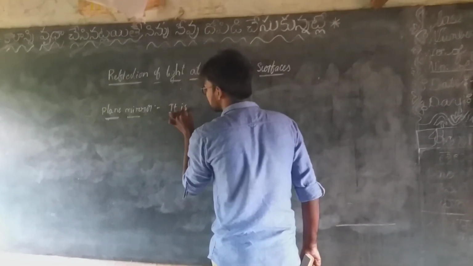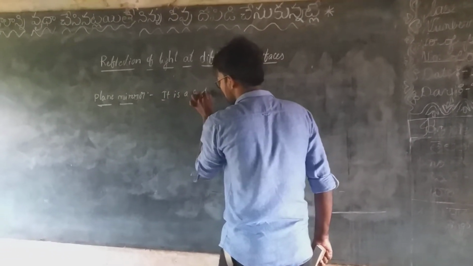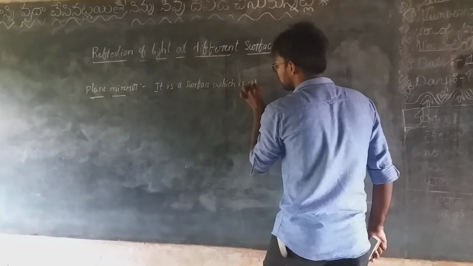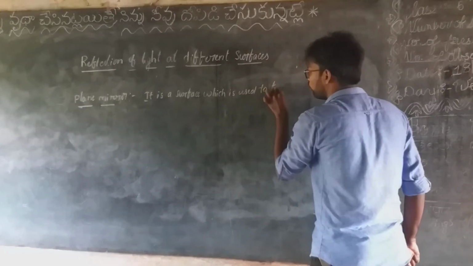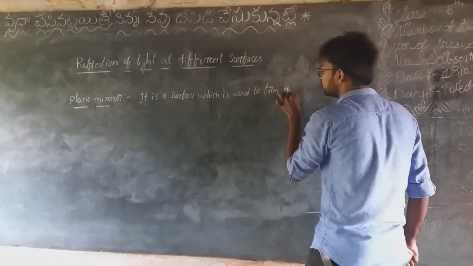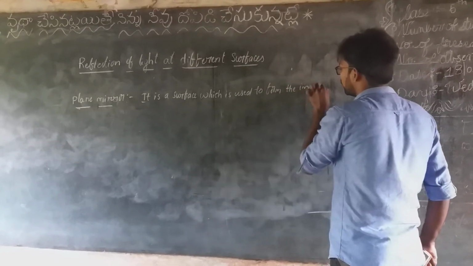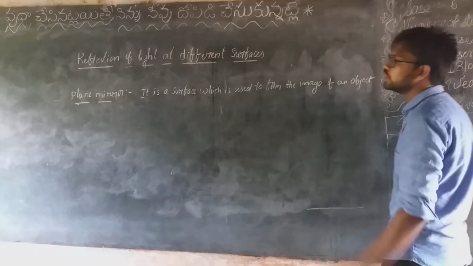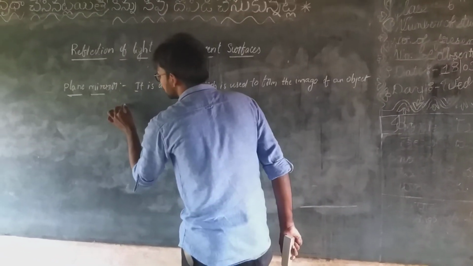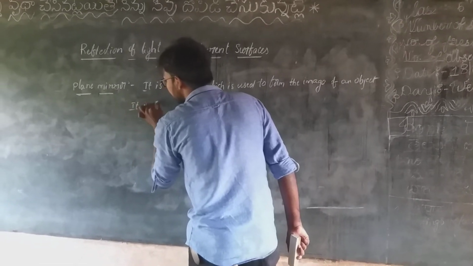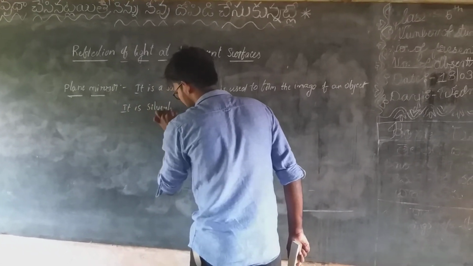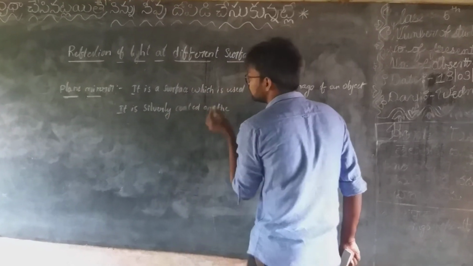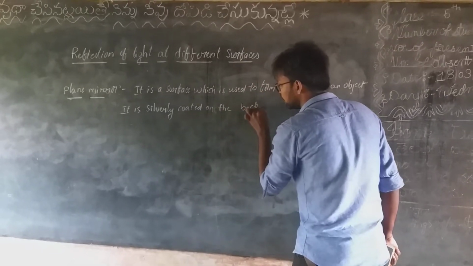Plane mirror: it is a surface which is used to form the image of an object. It is silver coated on the back of the mirror.